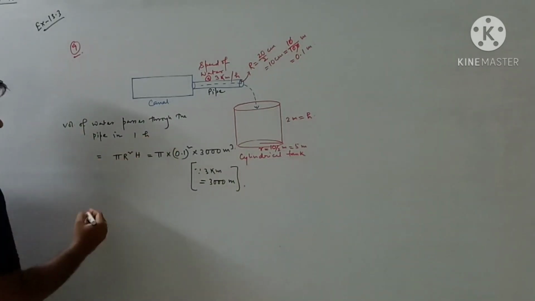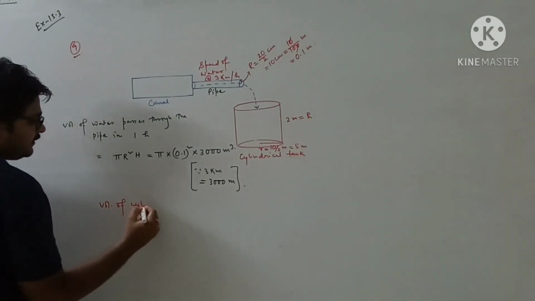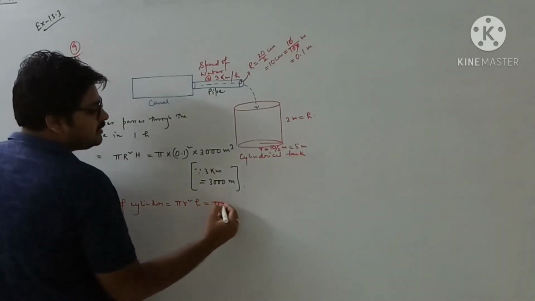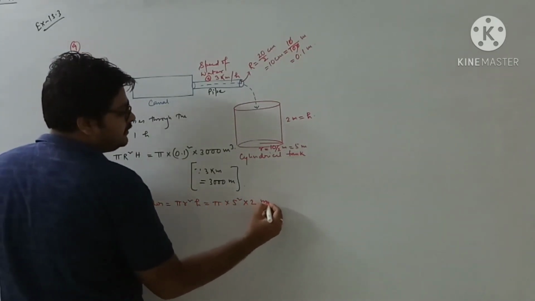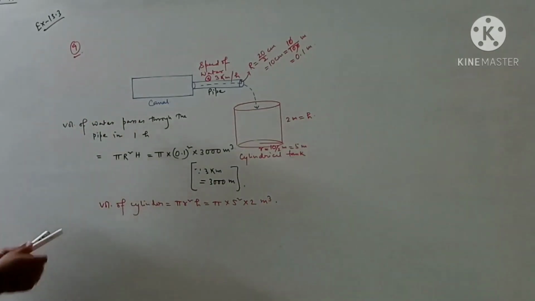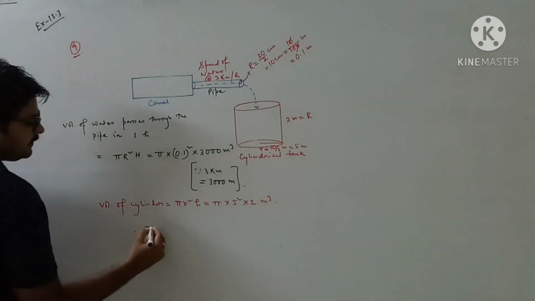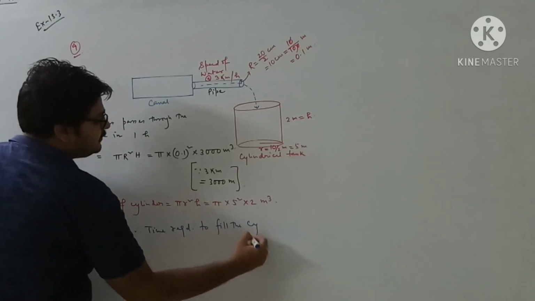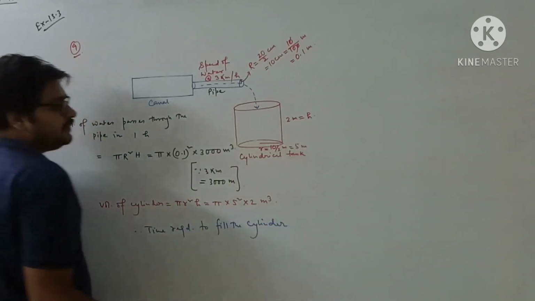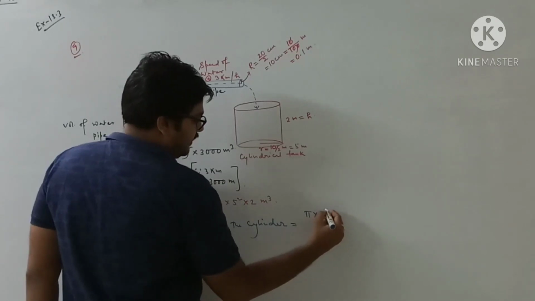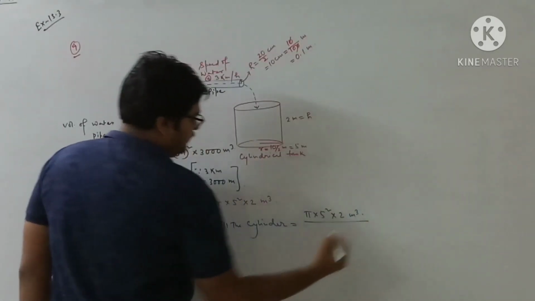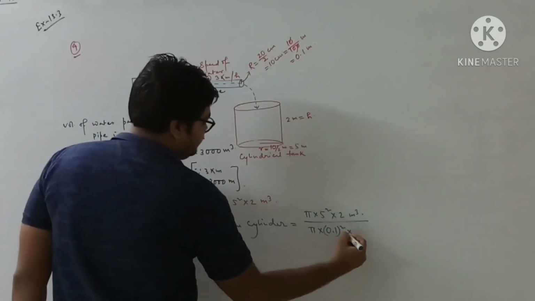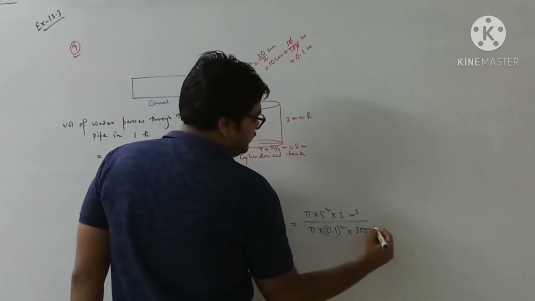Now volume of the cylinder. Volume of cylinder, formula is pi r square h. So pi into r square means 5 square and h is 2 meter. Now we find out the time required to fill the cylinder, equal to pi into 5 square into 2 meter cube by pi into 0.1 square into 3000 meter cube.